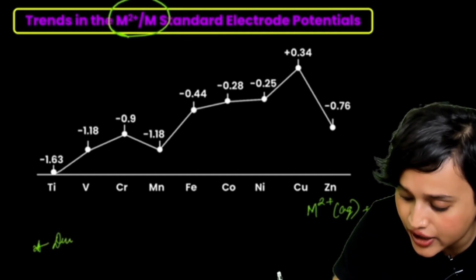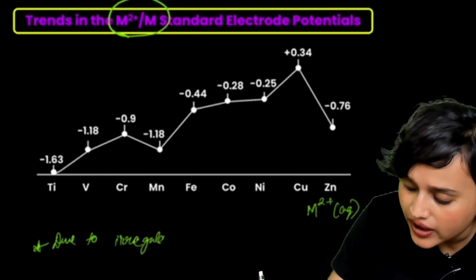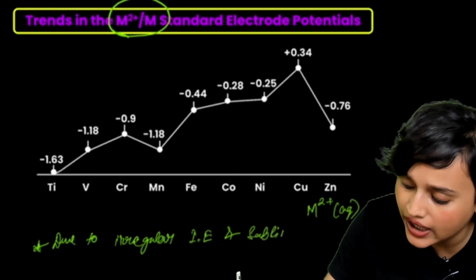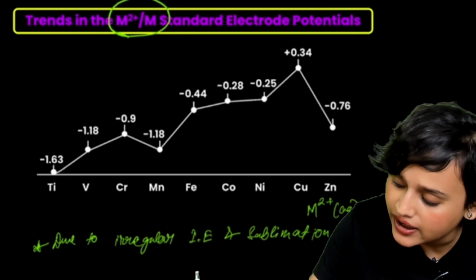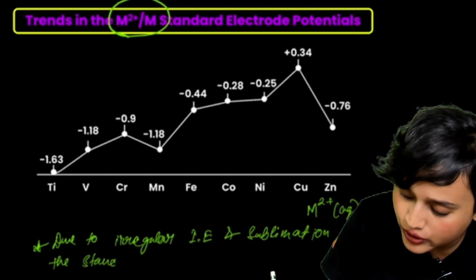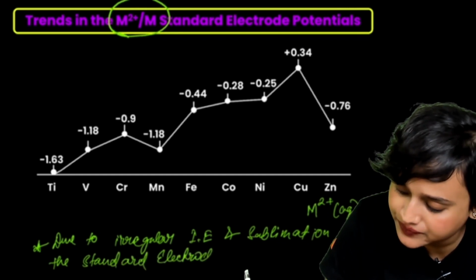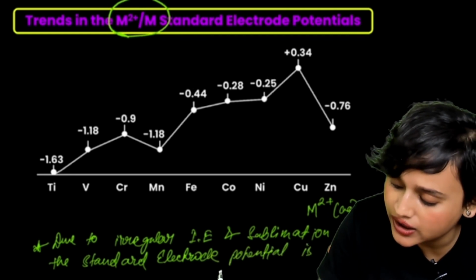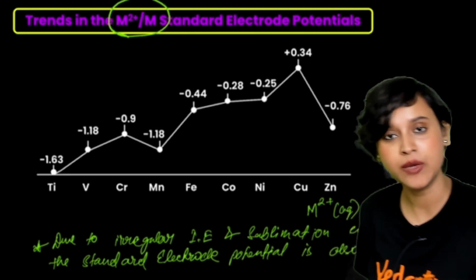I'm saying that due to irregular ionization energy and sublimation energy trends, the standard electrode potential is also irregular. You get my point? Yes, everybody?